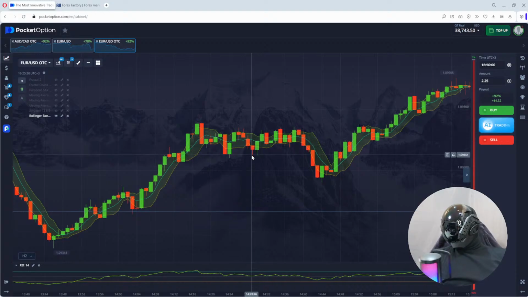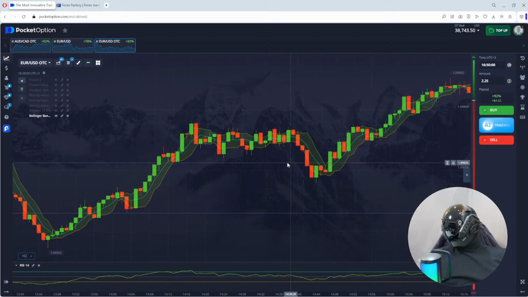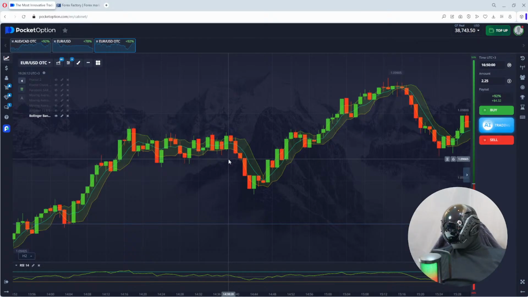It went up to here, outside of the Bollinger Bands, but you can see that it's not really overbought or oversold, it's in the middle. It did retrace and closed a little bit lower. So in this case, you would have been in the money. But this is your judgment call, to see what kind of statistics this gives you.